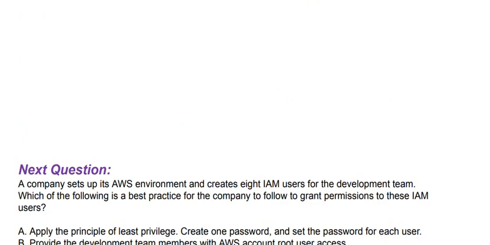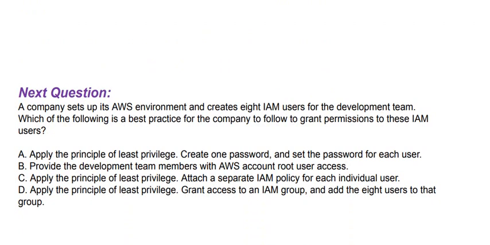Next question is, a company sets up its AWS environment and creates 8 IAM users for the development team. Which of the following is a best practice for the company to follow to grant permissions to these IAM users? Option A, apply the principle of least privilege, create one password and set the password for each user. Option B, provide the development team members with AWS account root user access.